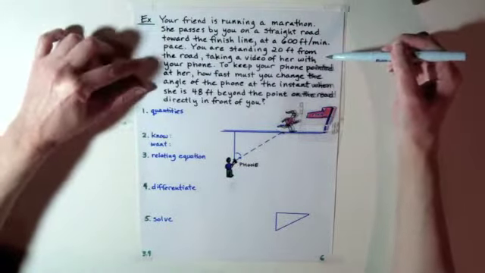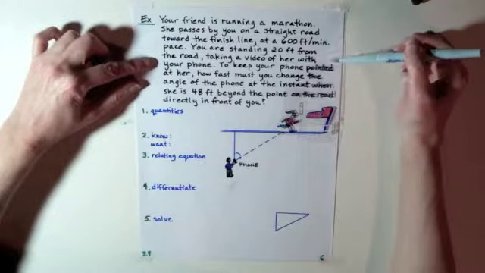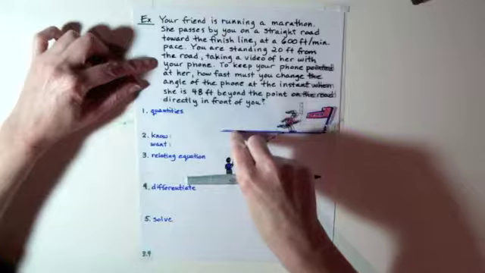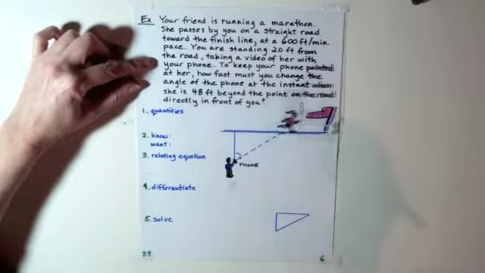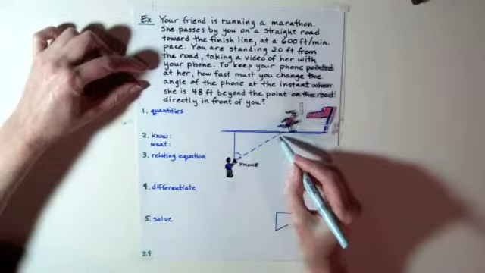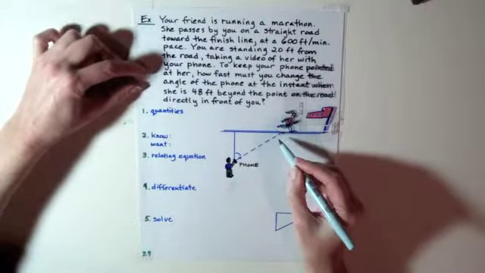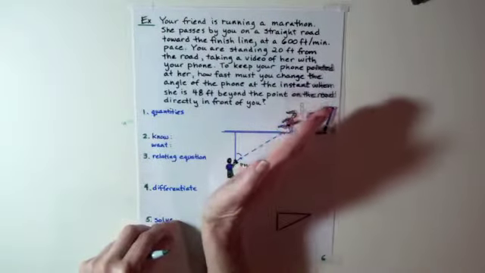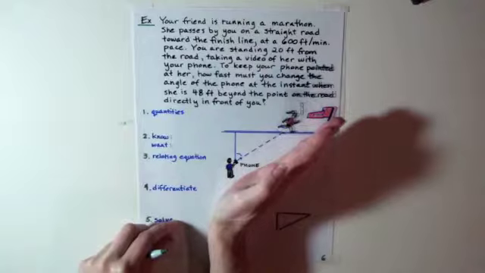It says you're standing 20 feet from the road, so you're here and you're 20 feet away from this straight section of road, and you're taking a video of her with your phone. Well, in order to keep your phone pointed on your friend, you're going to have to change the angle that your phone is pointed at.